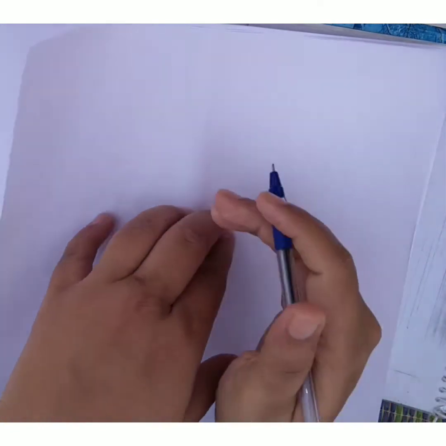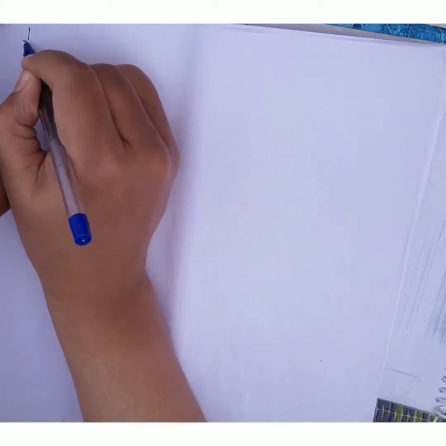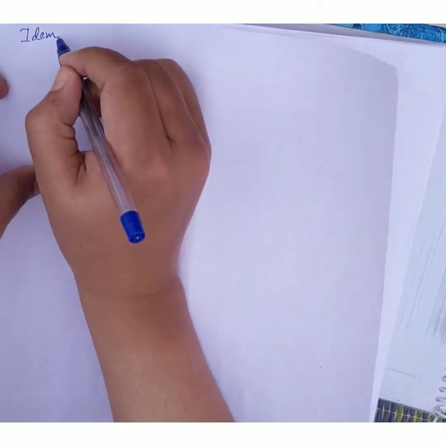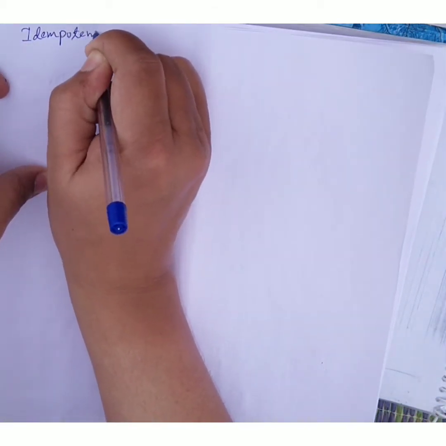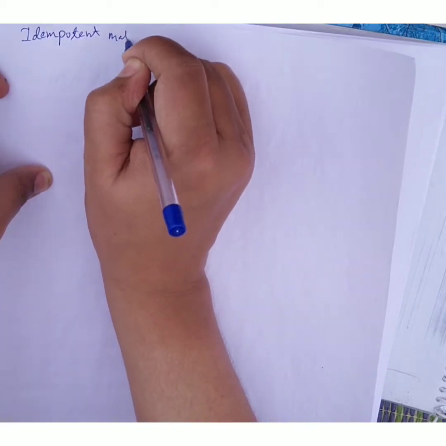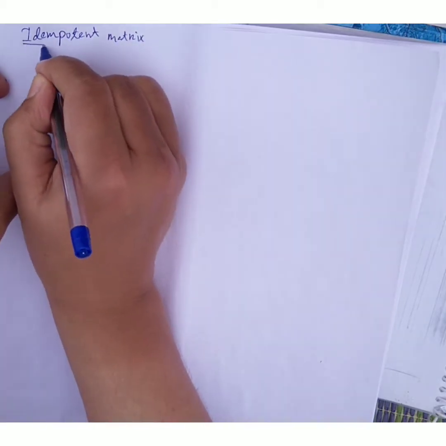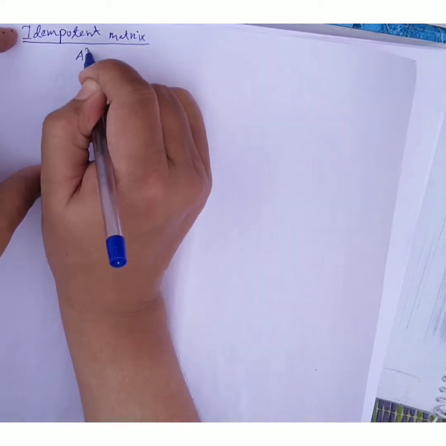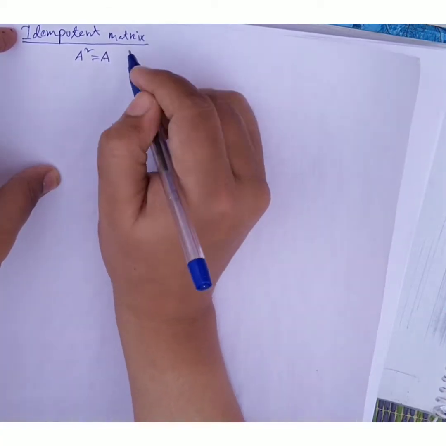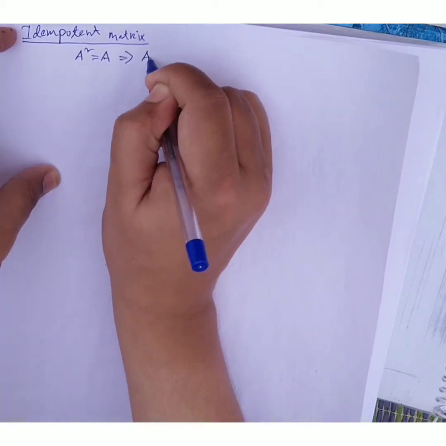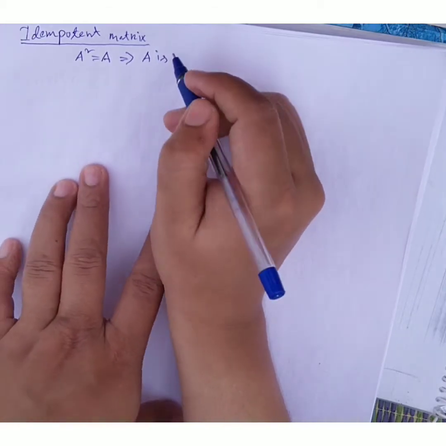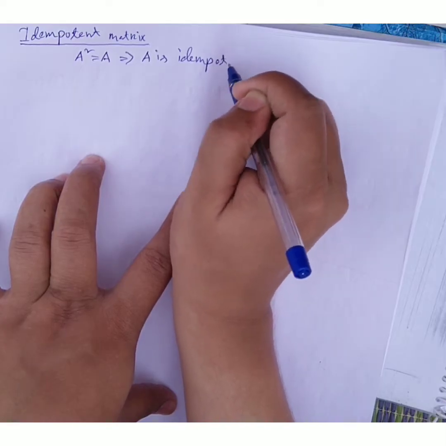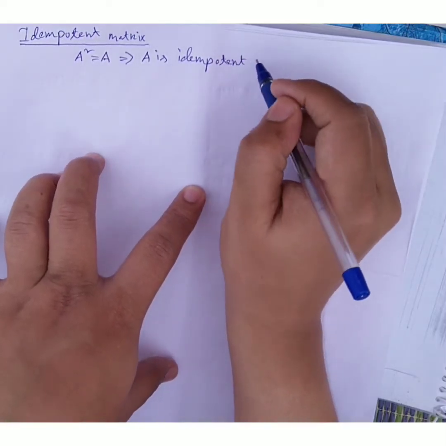Now I will tell about the idempotent matrix. Idempotent matrix has the property A square is equal to A, and that implies A is an idempotent matrix.